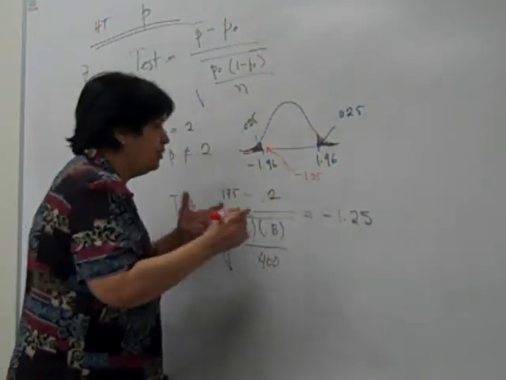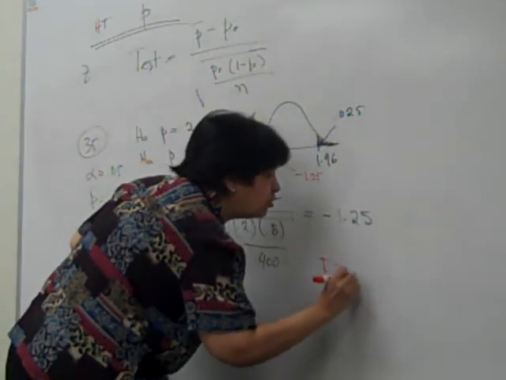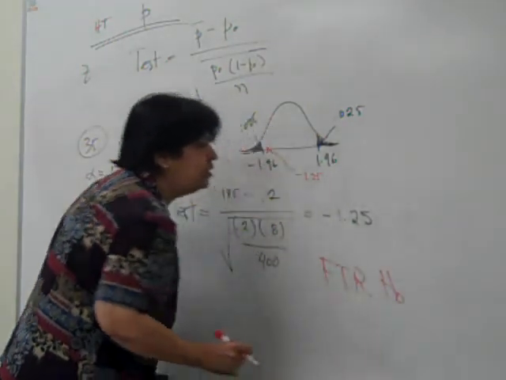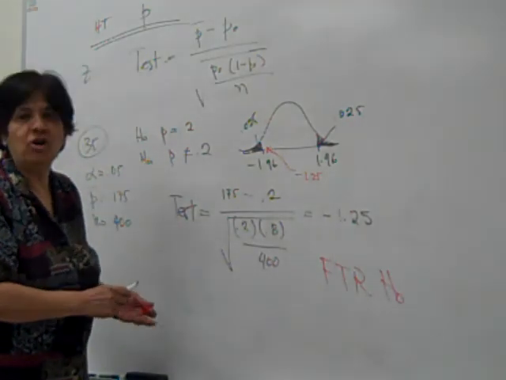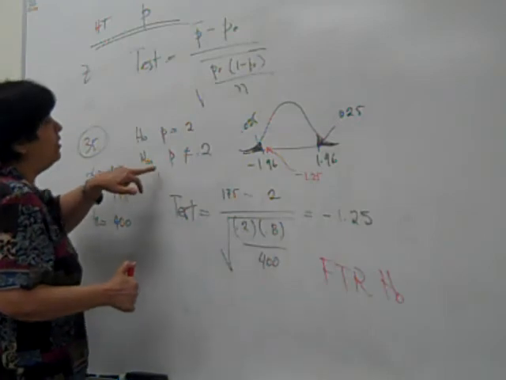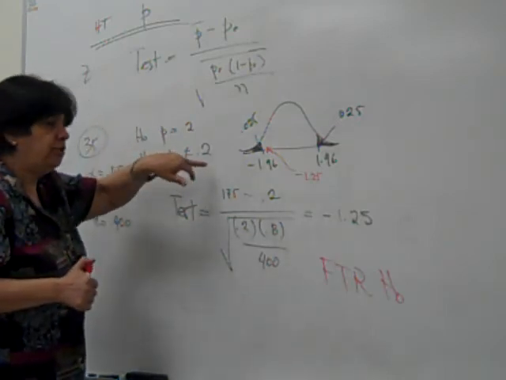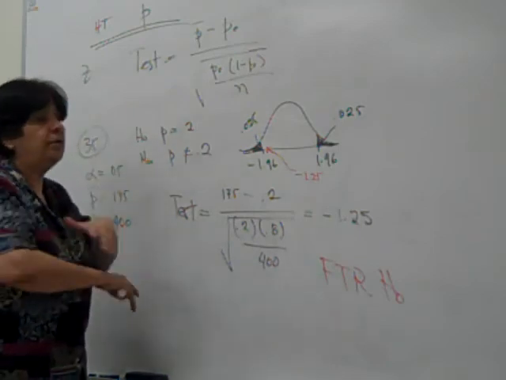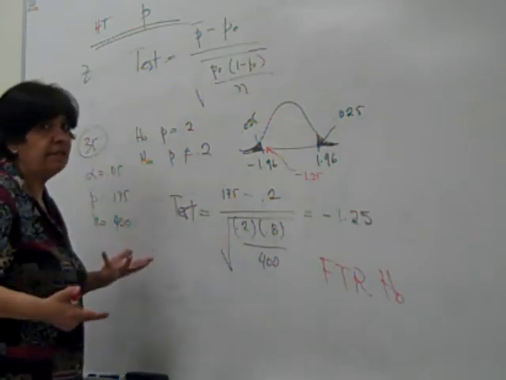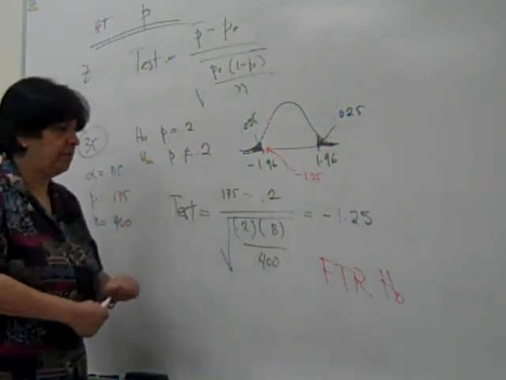So this is a fail to reject. So what is the conclusion? We fail to reject the null hypothesis, and we say that we do not have statistical evidence in favor of the alternative hypothesis that P is not equal to 0.2. So it may be or maybe not, but we do not have statistical evidence to support the alternative hypothesis.